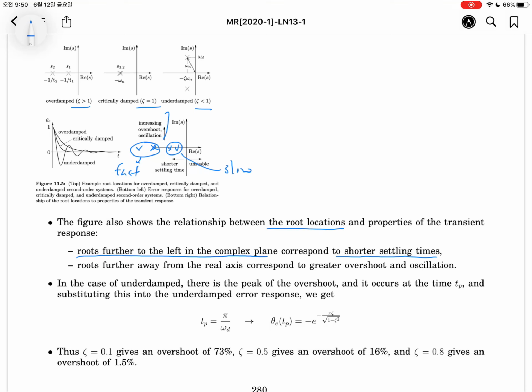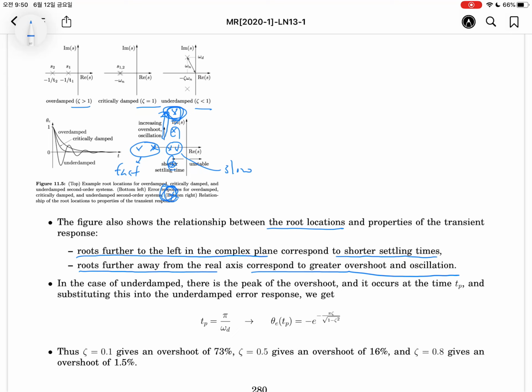Okay, roots further away from the real axis. If you have complex eigenvalues like this, compared to this one, the roots further away from the real axis correspond to greater overshoot and oscillation.